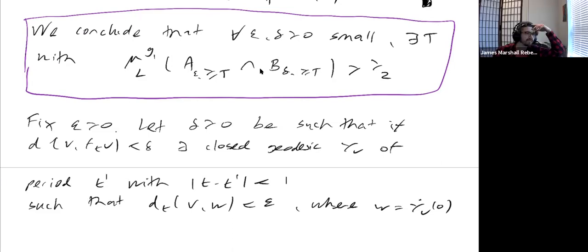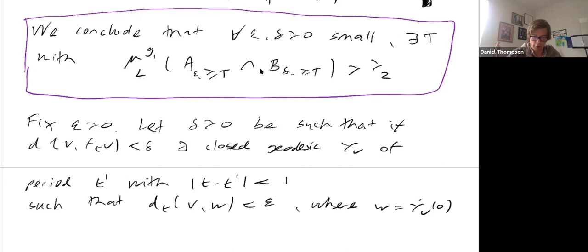So delta is just a constant coming from an Anosov closing lemma, say, to close at scale epsilon, right?